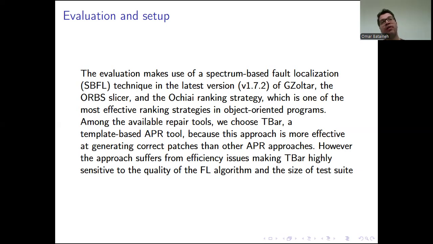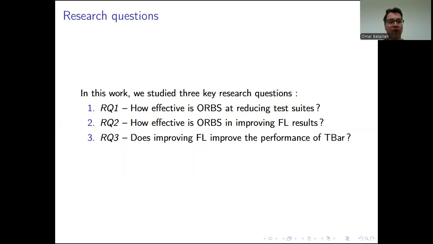We choose TBar because TBar is a template-based automated program repair tool that shows effectiveness, but it has an efficiency or performance issue. It takes too much time to find the patch when we apply it directly on a large size program before reducing that program by eliminating irrelevant code.